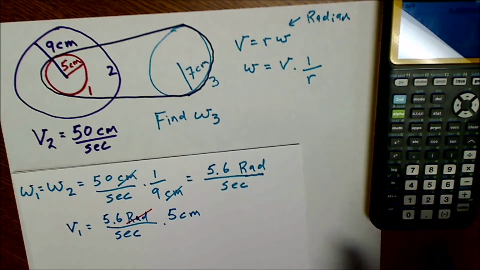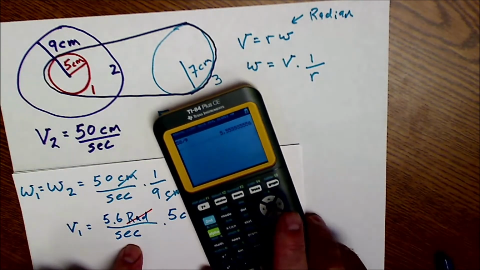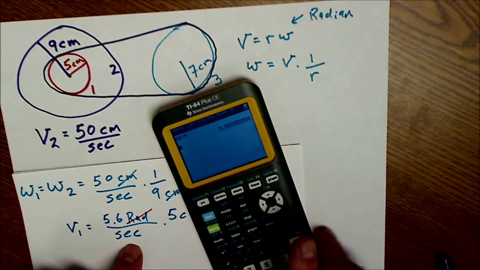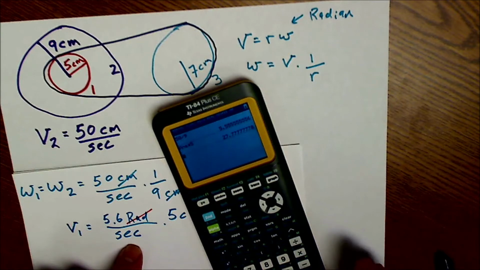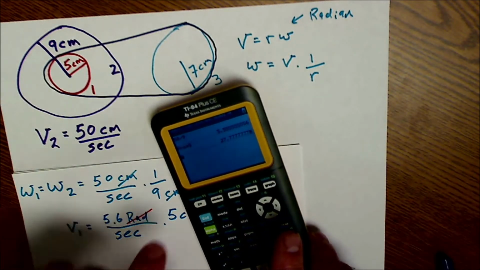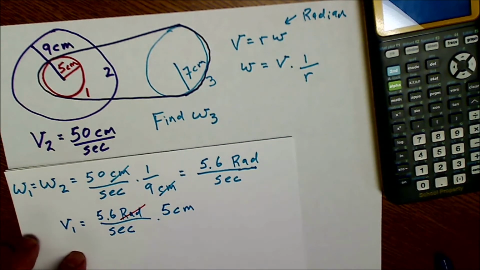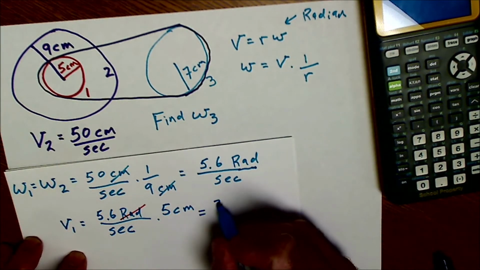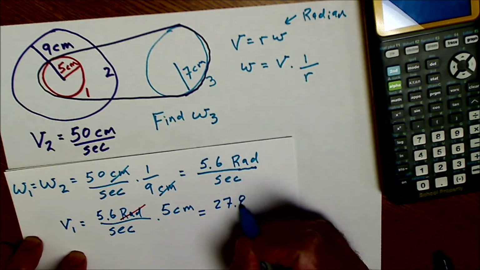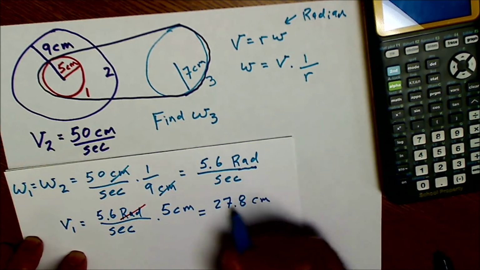It's kind of unitless. And then I take that stored value on my calculator right there, the 5.555, multiply it by 5, and I get 27.8. But I keep that value on my calculator. So the linear velocity of gear 1 is 27.8 centimeters per second.